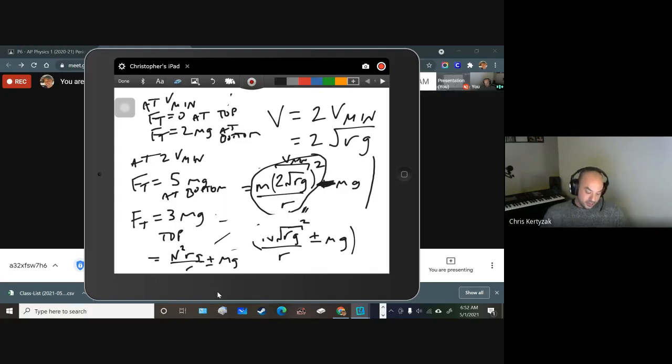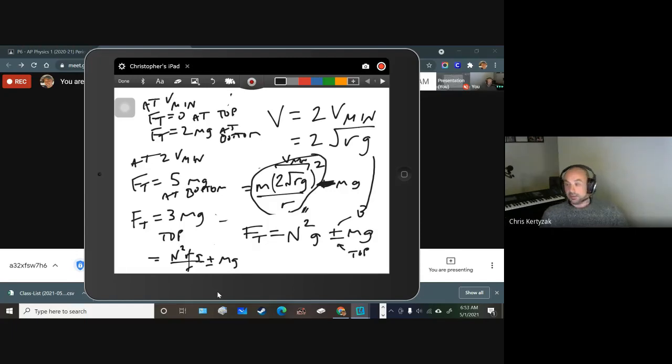So if you wanted to just kind of write it as an algorithm, where n is either 1 times the minimum speed, 2 times the minimum speed, or 3 times the minimum speed, then the FT, the R's went away, would be n squared g plus mg. Now, the plus or minus, just remember that plus is at the bottom and minus is at the top.